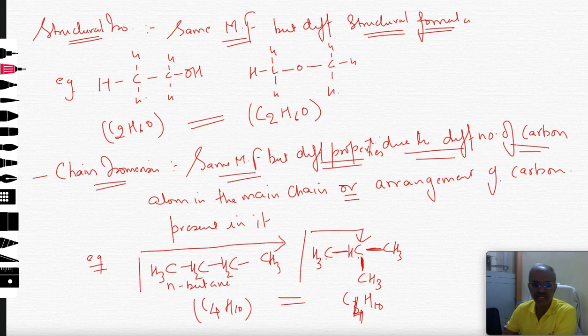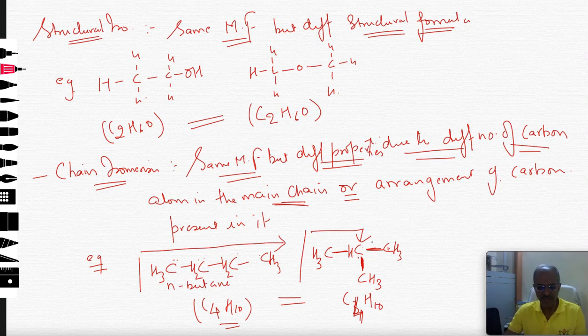So it has the same molecular formula but, as I have told you, differs in the number of carbon atoms in the main chain. Here the main chain has 1, 2, 3, 4. Here the main chain has 1, 2, 3. Or the arrangement of carbon atoms differs. I hope you have understood this.